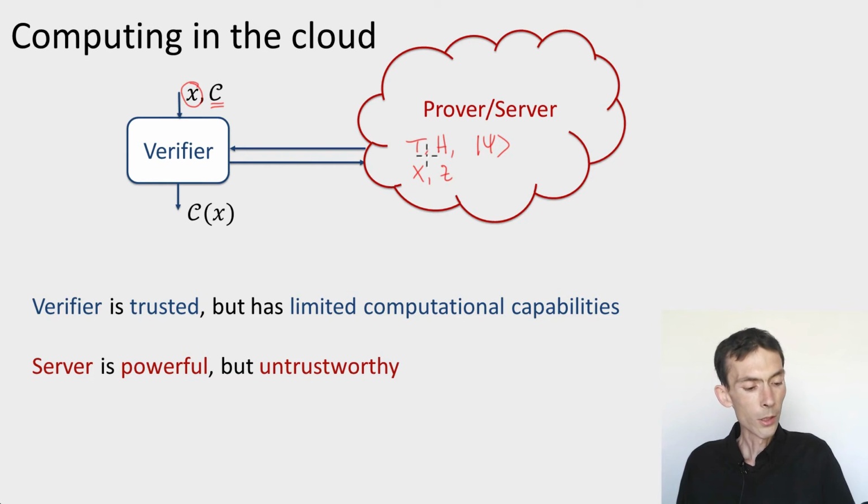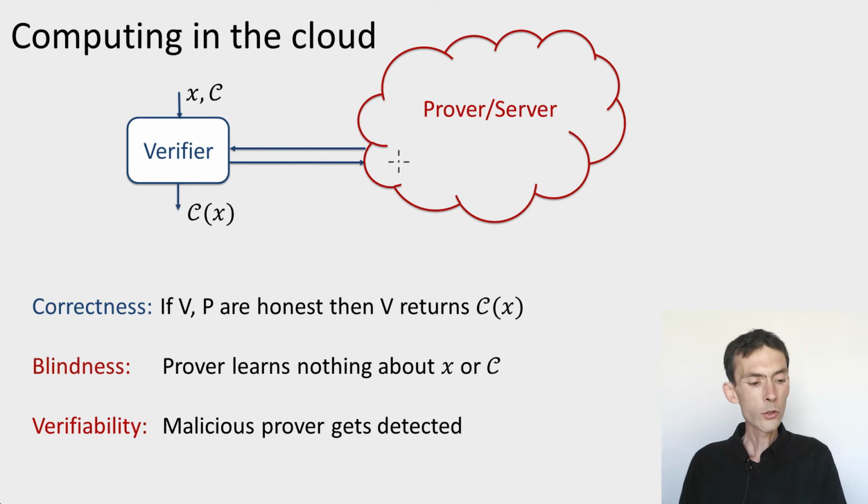And so the question is whether this verifier, who we assume is a trusted party, this verifier just wants to execute the quantum circuit on the input, can delegate the execution of this circuit to the prover. So that's the task that we want to achieve. Now let's define the kind of properties that we want to be satisfied. So the first property is the usual one.